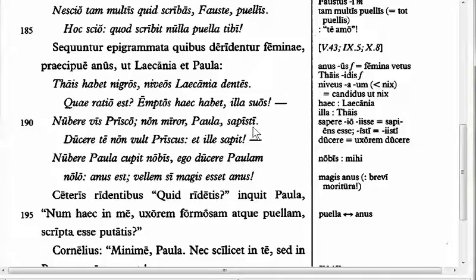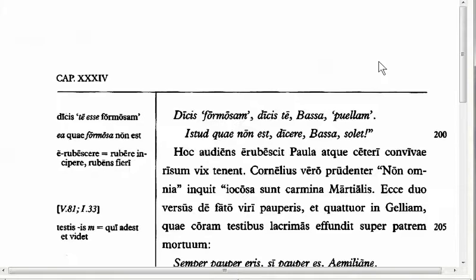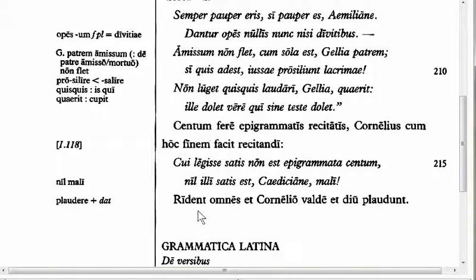And the last new feature is in line 217. And let's go there. We will see rident omnes et Cornelio valde et diu plaudunt. They all laugh and they applaud Cornelius very much and for a long time.